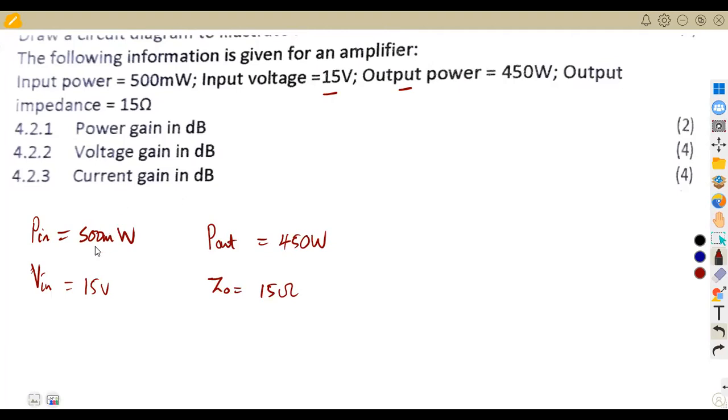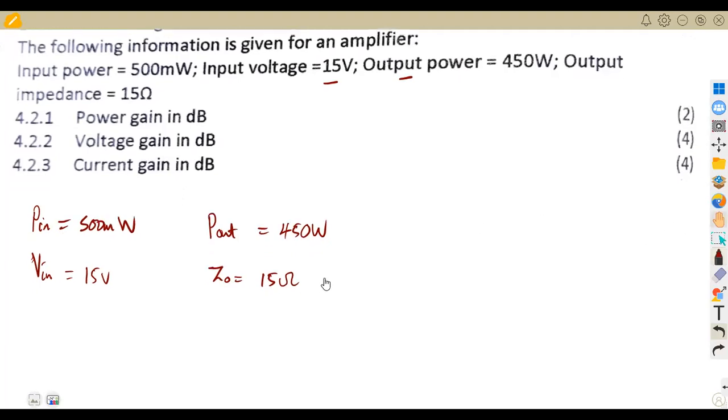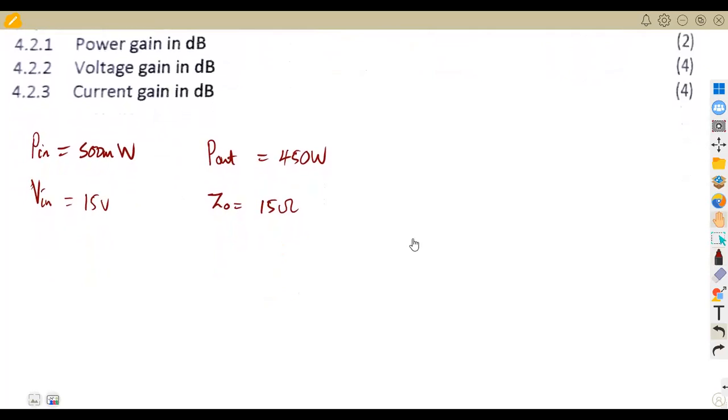Whenever we are dealing with the decibel concept for power, it is going to be 10 log. We are going to use 10 for the logarithm. Remember, like I said, guys, we had these formulas from our N2. So the power gain, which you can just write in short as AP, A for gain and P for power, is given as 10 times the logarithm of P out over P in.